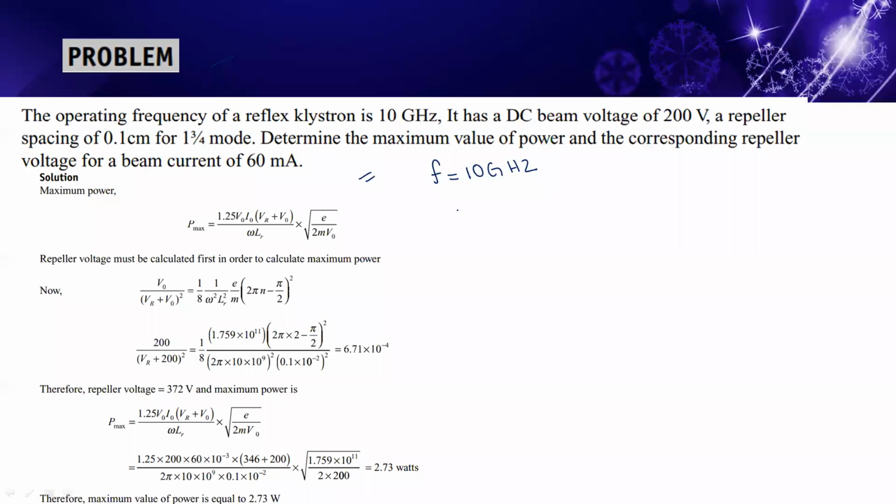It has a beam voltage of 200 volts, and a repeller spacing of 0.1 centimeter for the 1 3/4 mode. So it is the fundamental mode now. Everybody identify the mode. Yes, it is the fundamental mode.